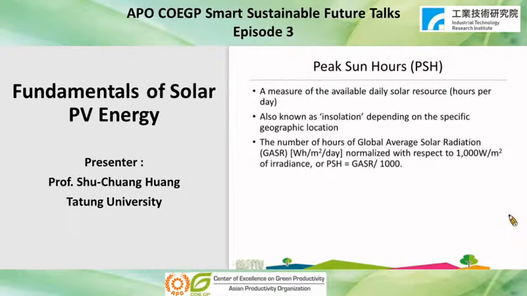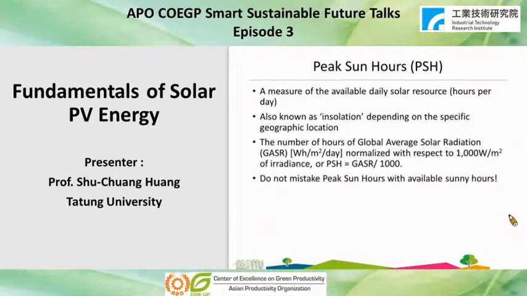The definition is the number of hours of global average solar radiation normalized with respect to 1 kilowatt per square meter. So the formula is peak sun hours equals the GASR divided by 1,000.